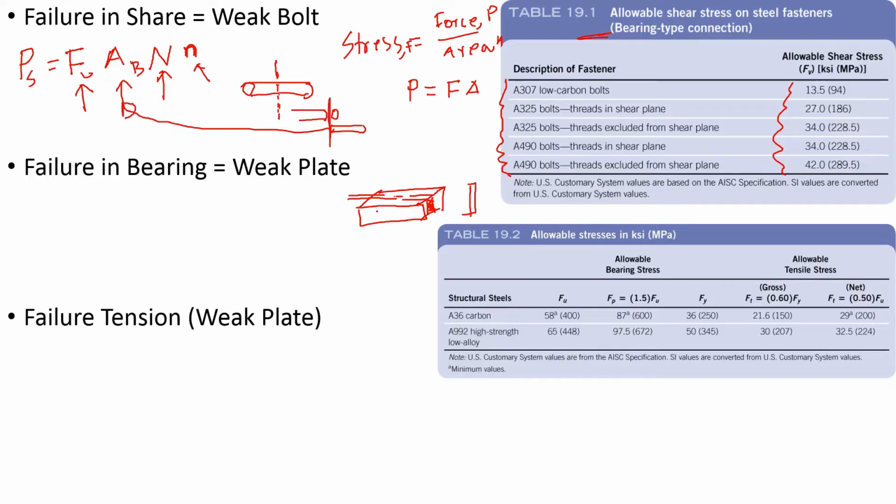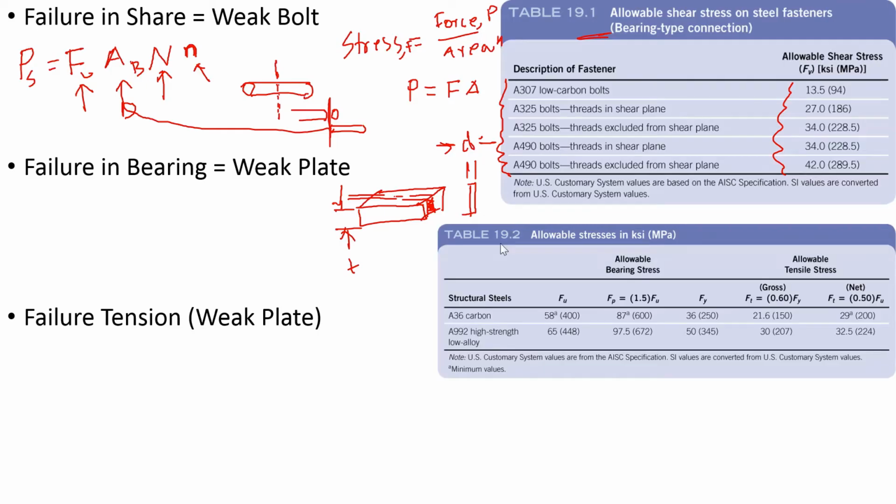area, which is, if this is the thickness of the plate t, and if the diameter of the bolt is d, then this projected area would be dt.